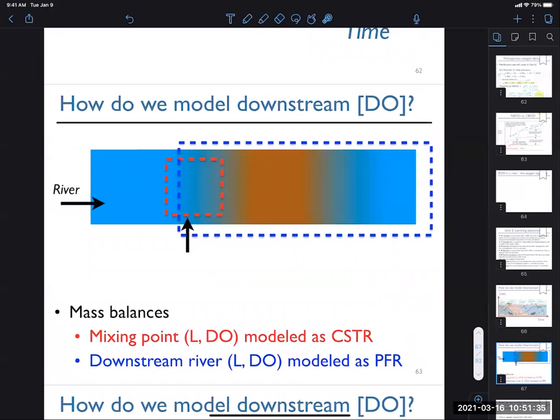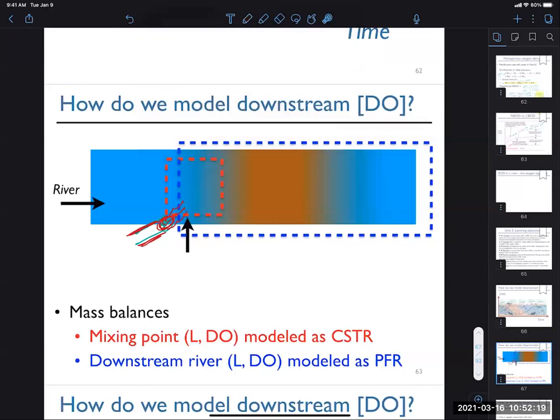Now in our model, we're going to do two mass balances. The mass balances that we're going to do are first over this mixing point, that's in red. And then we're going to do the downstream river. And in this mixing point, so let's say I have a waste stream right here. It's on the side of the river. I am just going to tell you this. If you learn about it in a later class, you can mathematically prove that this is true. But what's going to happen is, let's say it's being released at the side of a river.